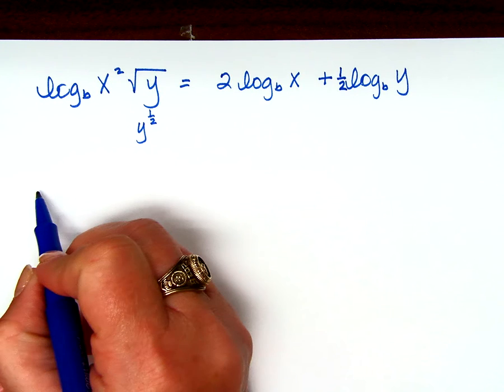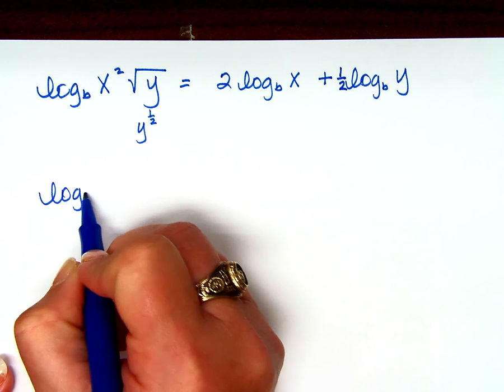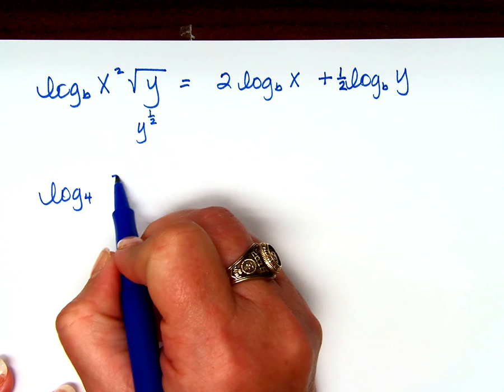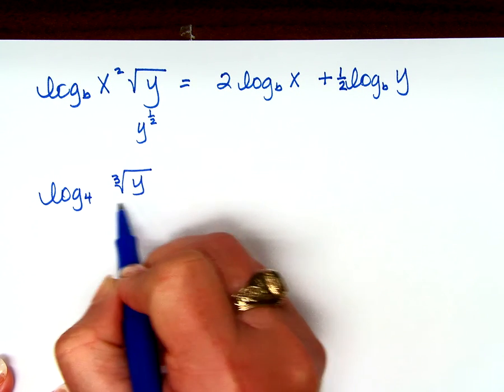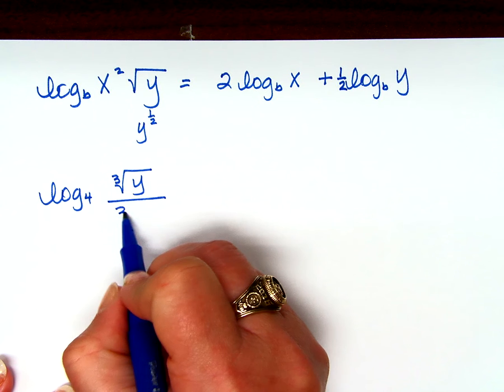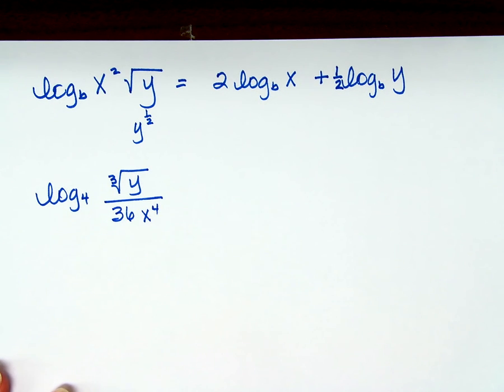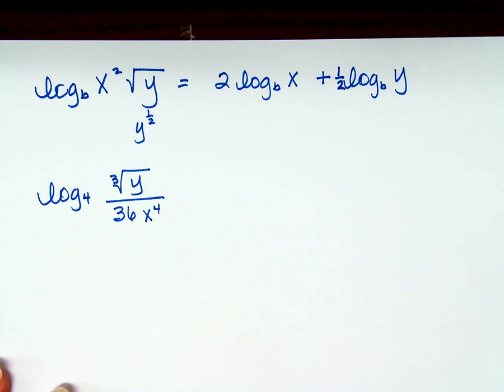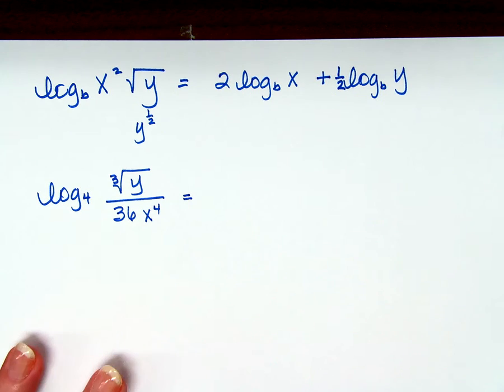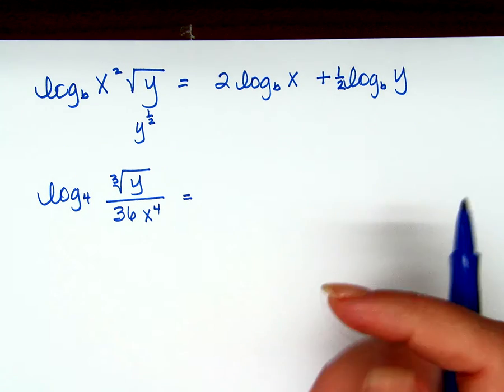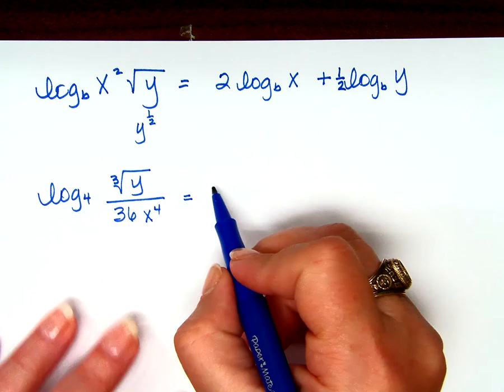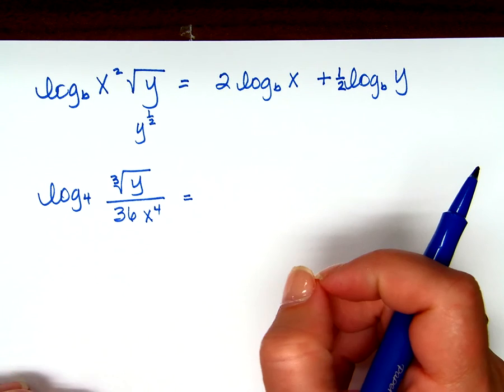Okay, here's another example. Log base 4 of the cube root of y over 36 x to the 4th. So what do you want to write first? First of all, how many times are we going to write log?